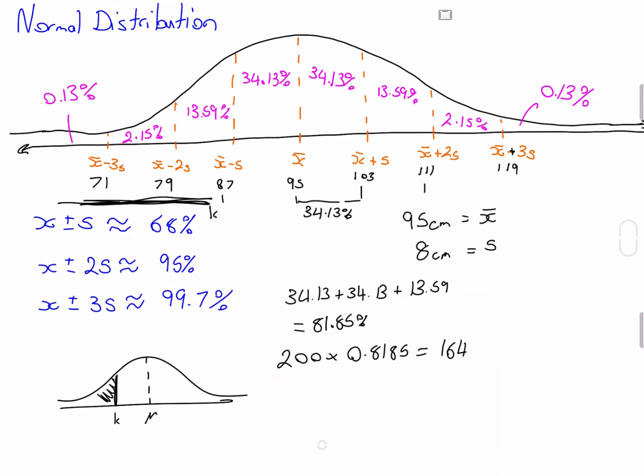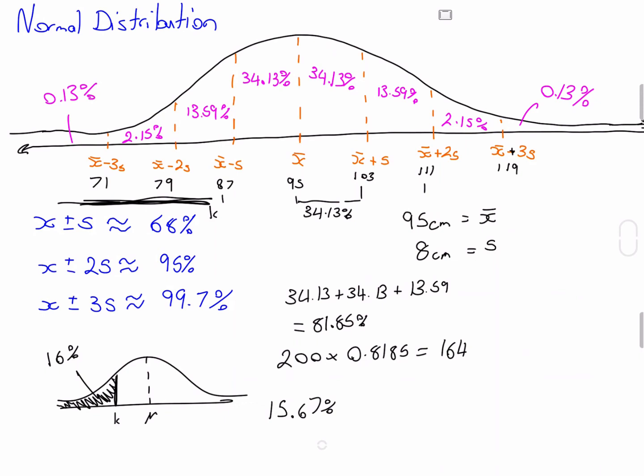So we're looking for a point where this will be 16%. Now we can just look at our normal distribution here and see that 0.13 plus 2.15 will give us 2.28. 2.28 plus 13.59 gives 15.87, which is roughly 16%.